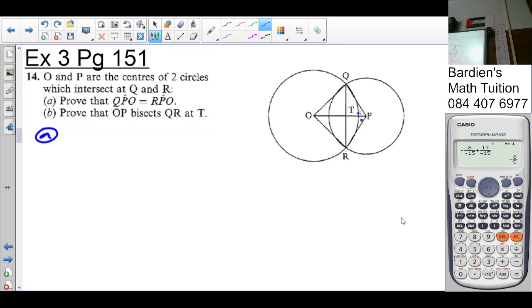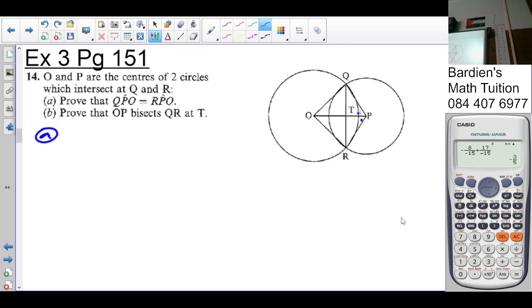How can we do that? We can do that by using Pythagoras. Not Pythagoras, a congruency. No, we can't use congruency.